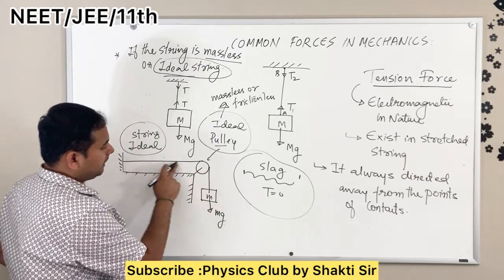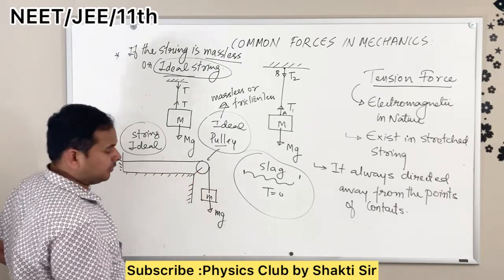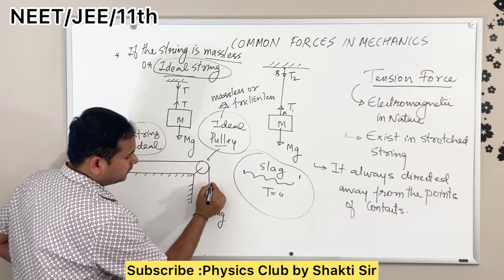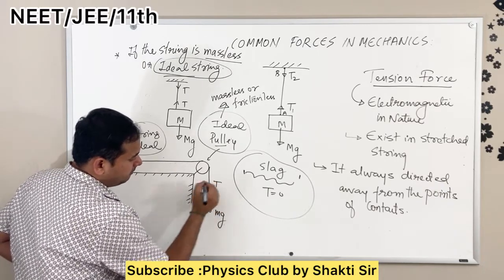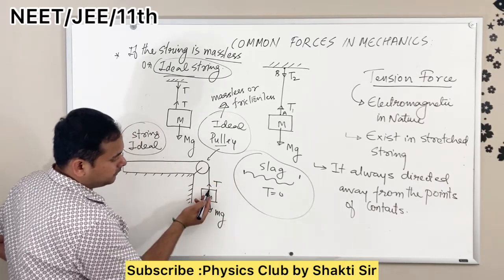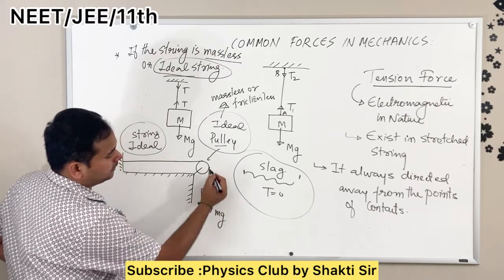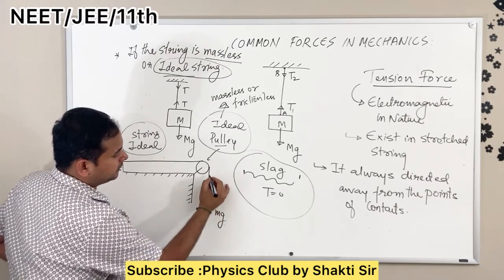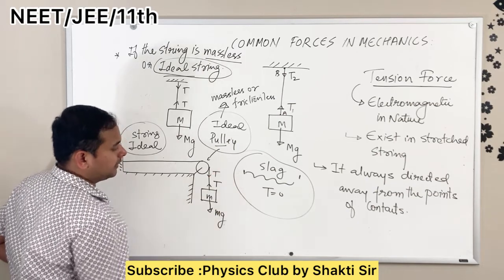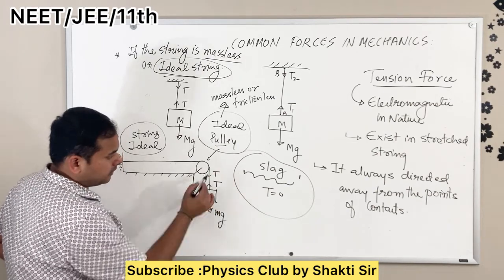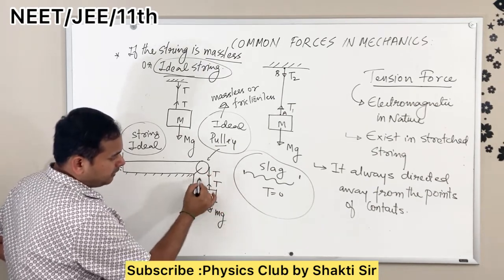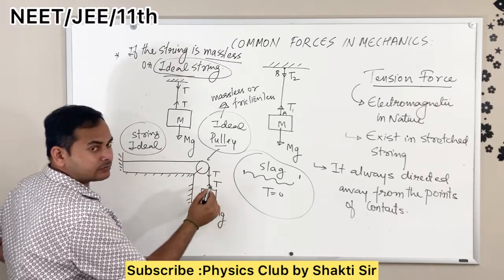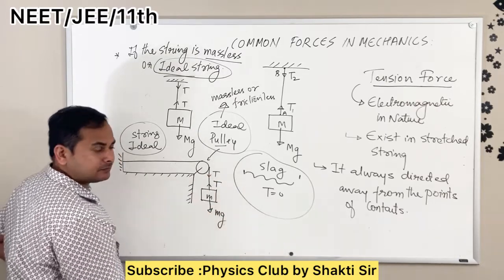Everywhere the magnitude of the tension remains equal, but keep in mind the directions. Here is a contact, so directed away from the contact. Here is a contact, so directed away from the contact, but magnitudes are equal. So in this situation it behaves as an internal force, so they will cancel each other.